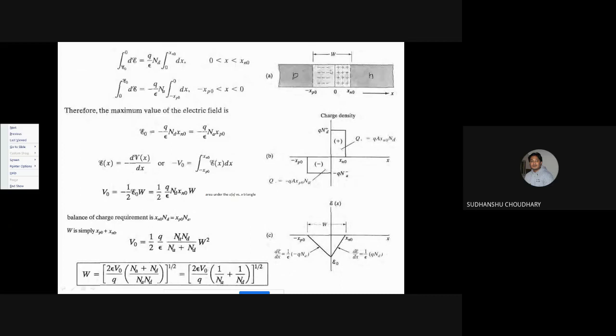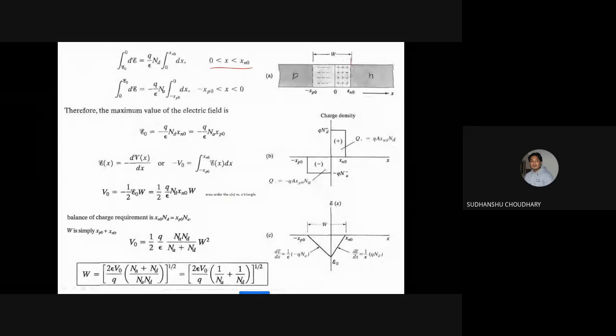This relation was for x greater than 0 and less than x_n0, so that is the region we are talking about, finding the electric field in this region. Now, what is the value of the electric field at this point?